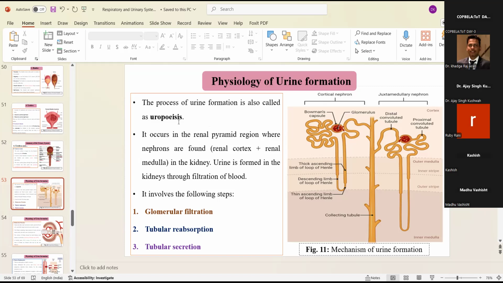So that is responsible for urine formation. The steps are glomerular filtration, second is tubular reabsorption, and third is tubular secretion.